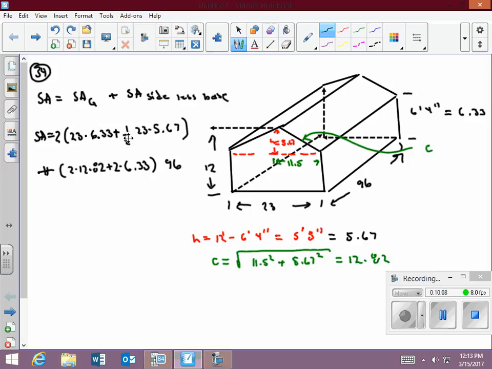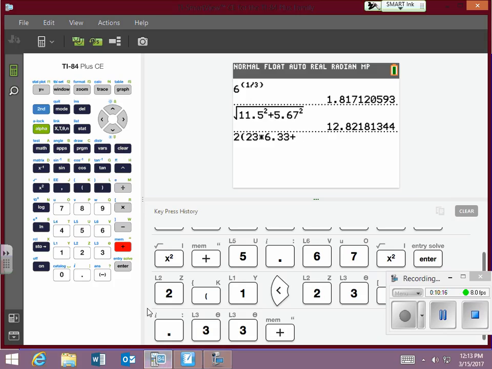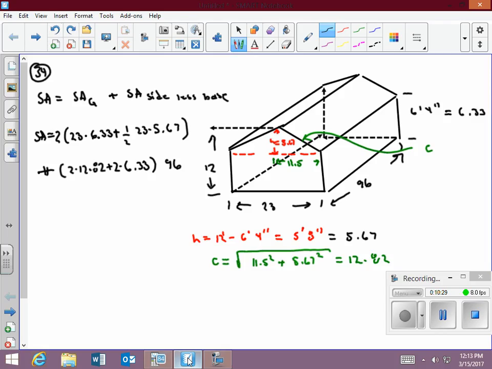And I can go 0.5 times 23 times 5.67, if I could remember that. 0.5 times, help me out. I don't have a good long-term memory. 23 times 5.67.